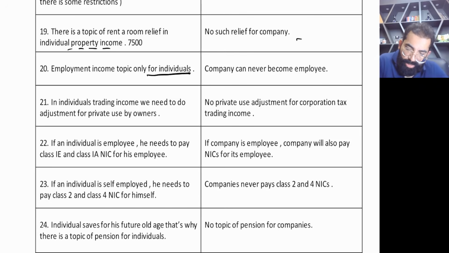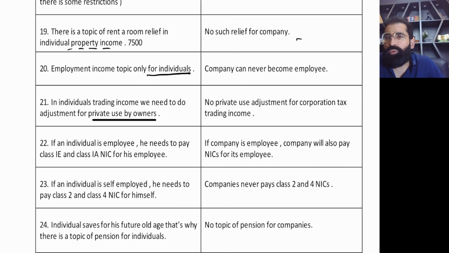In an individual's trading income, we need to make an adjustment for private use by owners. Yes, if the owner, the trader, makes private use of any asset, that private use is not allowed. But a company is not a human being, not a natural person, so a company cannot do private use, so there is no such private use adjustment in companies.